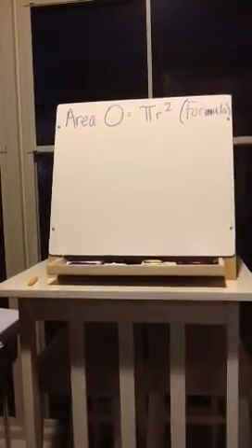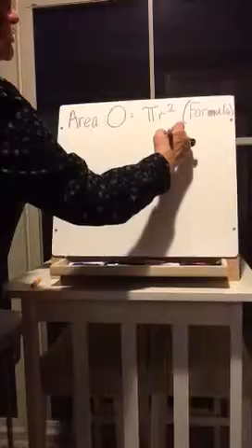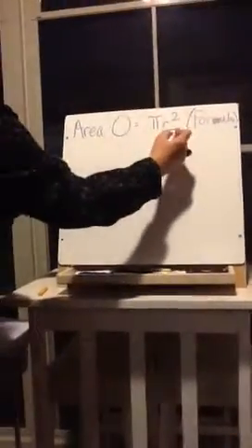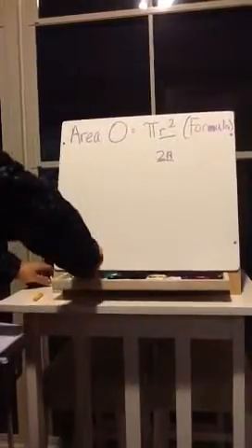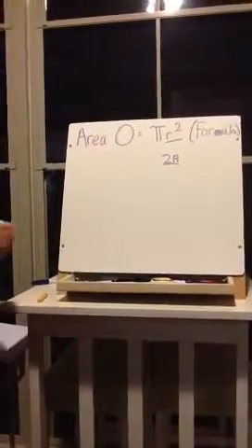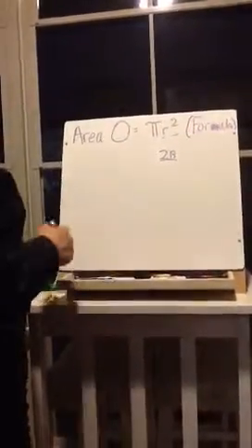Now, when we did circumference, we did something like this: 2 times the radius. Are these two the same things? You know we've gone over this a lot of times. They're not the same. This is saying radius squared.